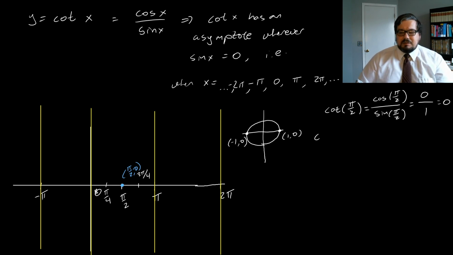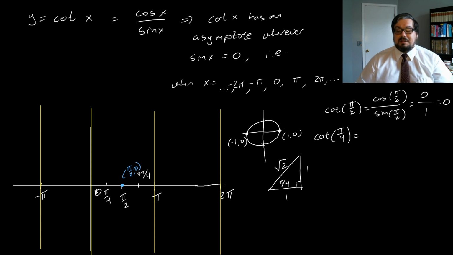All right, next we have cotangent of pi over 4. Now, this we can figure out using one of our standard triangles. The pi over 4, pi over 4, pi over 2 right triangle looks like this: 1, 1, square root of 2. Which means that cotangent of pi over 4 is, well, we can work it out as cosine over sine again, but we can also just work it out using its ratio, that it's adjacent over opposite.